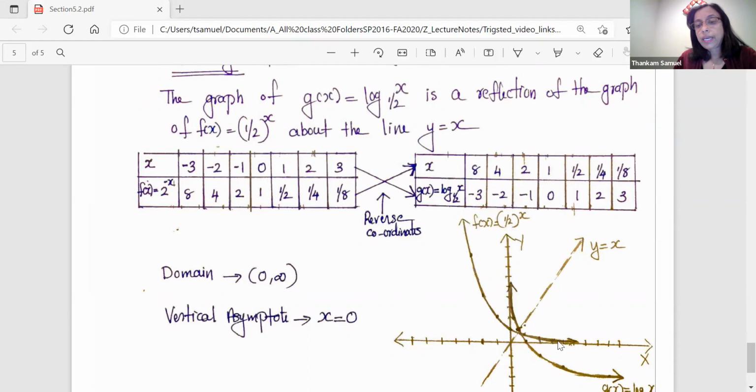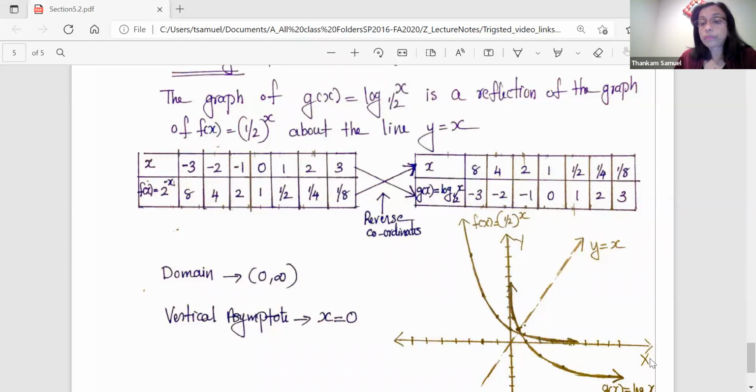It's like a decreasing function, and you can see that the graph is approaching towards the x-axis. And also when you look at the domain and the range of this graph, this is the exponential function. So the domain is negative infinity to infinity.